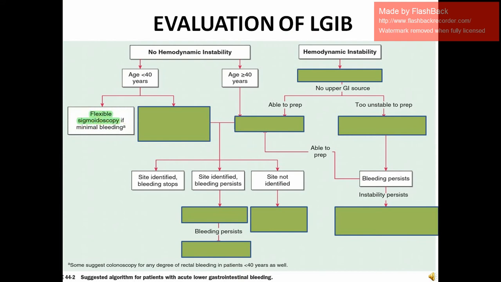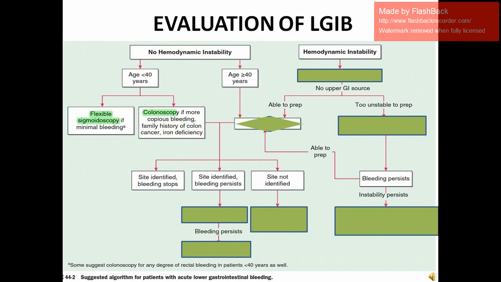But if the patient is hemodynamically stable, less than 40 years old, with more copious bleeding, family history of colon cancer, and iron deficiency, we can do colonoscopy. If the patient is hemodynamically stable but greater than or equal to 40 years old, we can do colonoscopy.